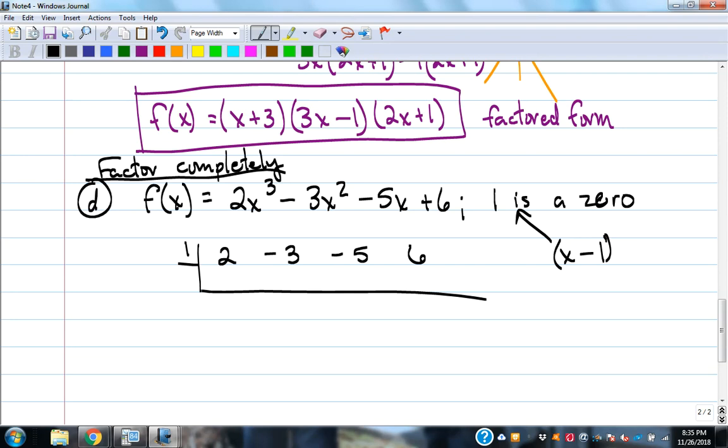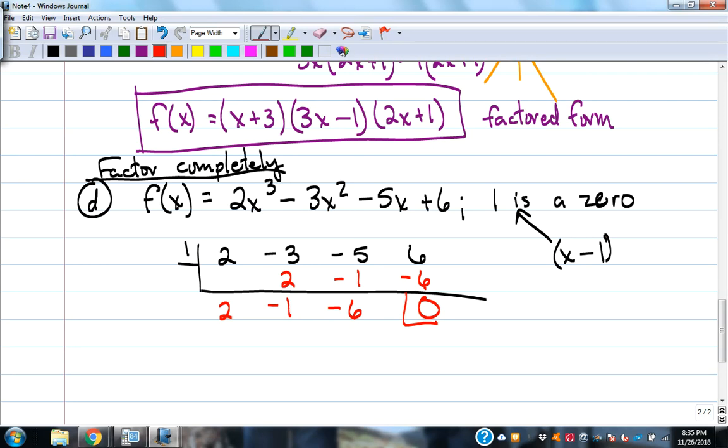Now, let's do our synthetic here so we can break this cubic down into something that we could do something with, all right? So we've got 2, 2 is -1. Yeah, get that 0 as the remainder. That means we did it right.